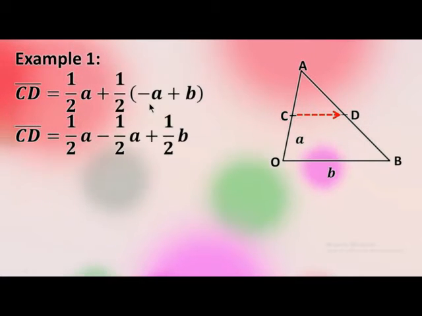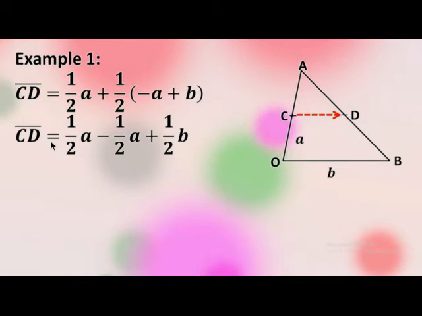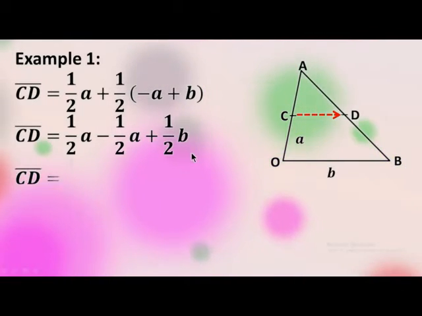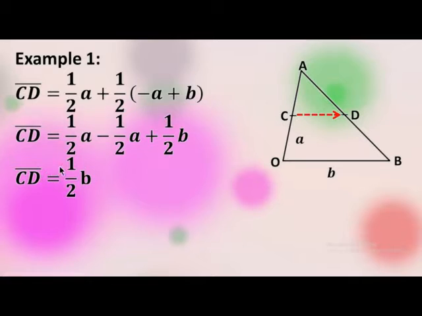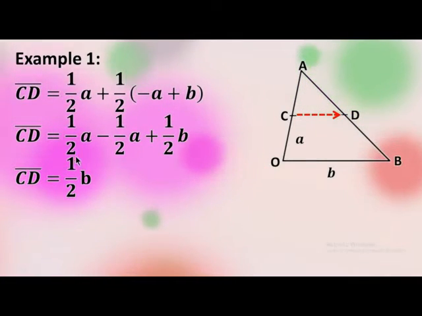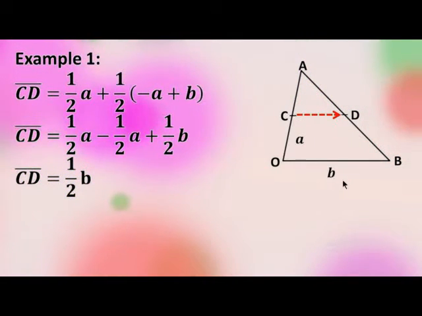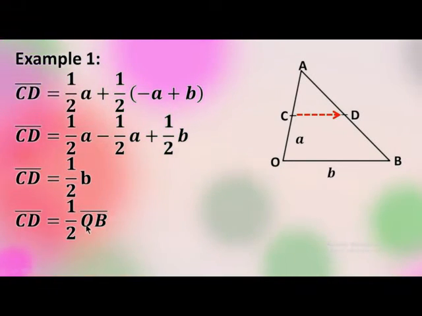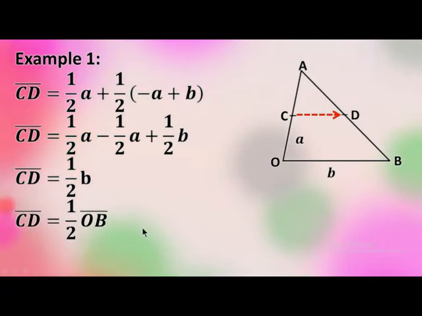So you will have vector CD is half of A minus half of A plus half of B, and CD is actually equal to half of B. And B turns out to be equal to vector OB. So it is proven that CD equals half of OB.